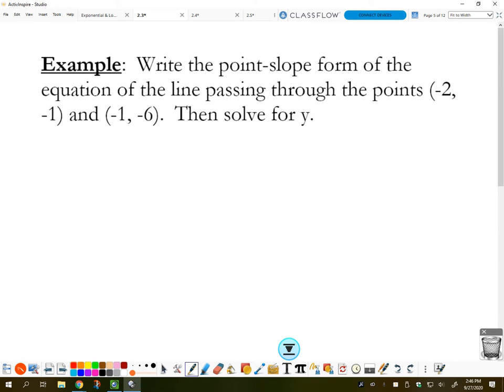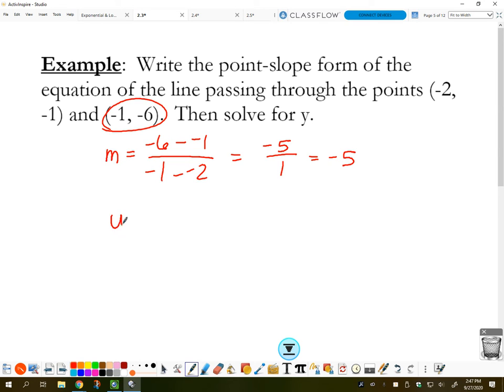All right, so another example, but here they give you 2 points. So this will let you practice finding slope and using point slope form. So pause, work this problem, and then play and see how you did. All right, so first of all, to find the slope, I can subtract the y's over subtract the x's. And I'm going to get negative 5 over 1, so just negative 5. And pick a point.